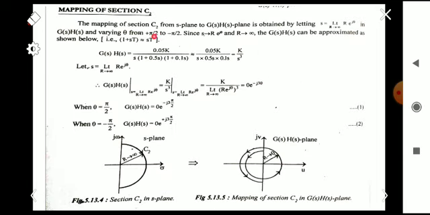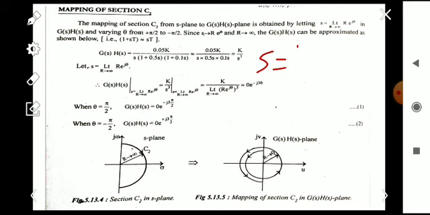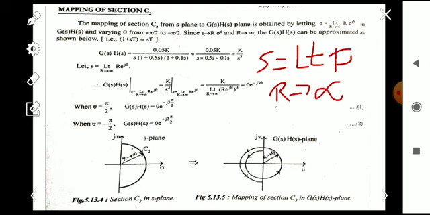The mapping of section C2 from the S plane to the GH plane is obtained by letting the value of s equal to limit r tends to infinity of r into e raised to j theta.